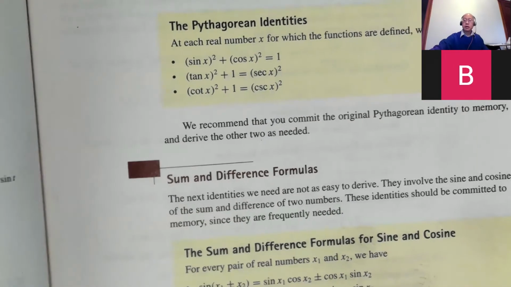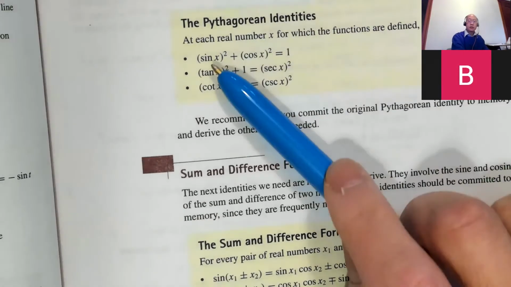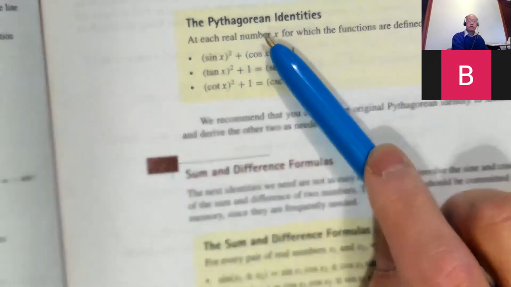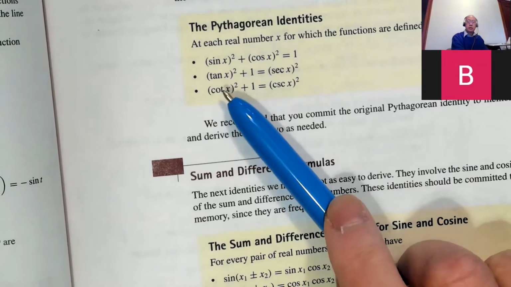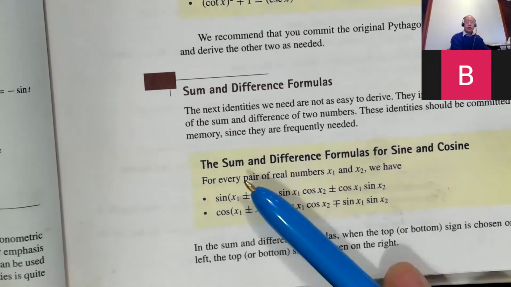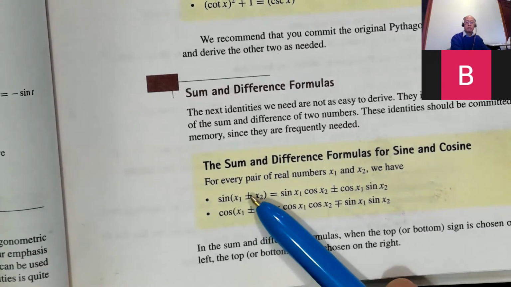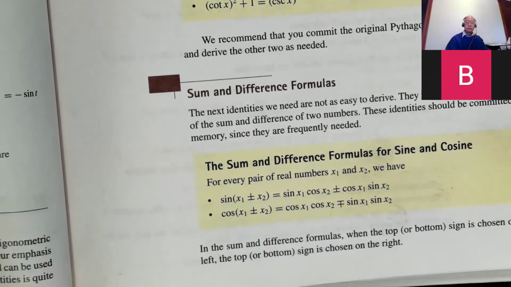Sine squared x plus cosine squared x equals 1. Again, the normal way to write it is the 2 is up here, sine squared, cosine squared. 1 plus tangent squared x is secant squared x. 1 plus cotangent squared x is cosecant squared x. Okay. And I gave you the formulas for the sine of a sum and difference, likewise cosine of a sum and difference. Okay, so we'll be using those.